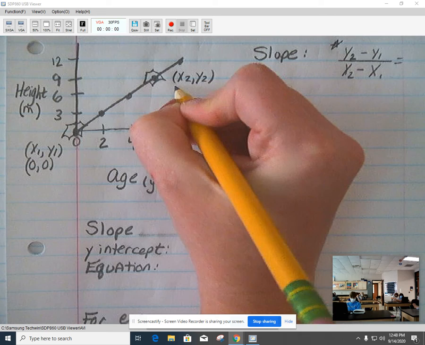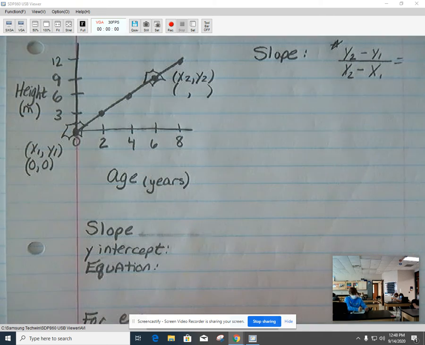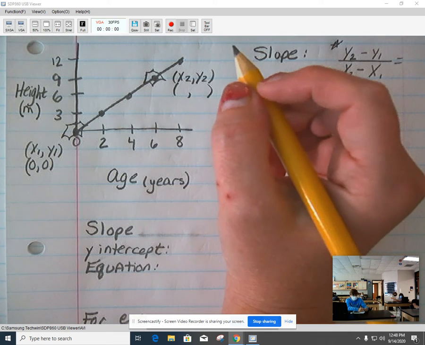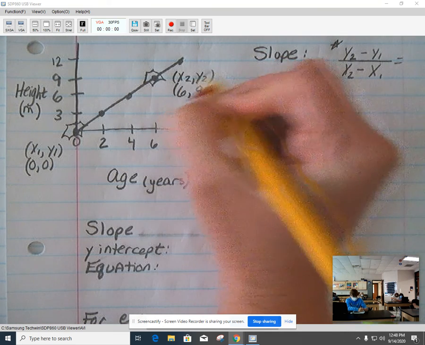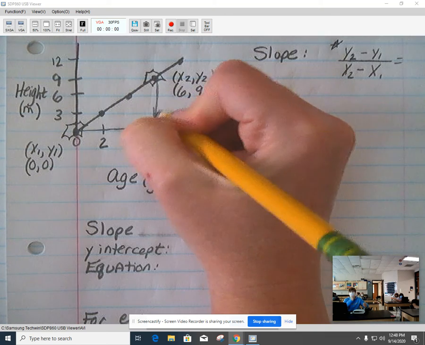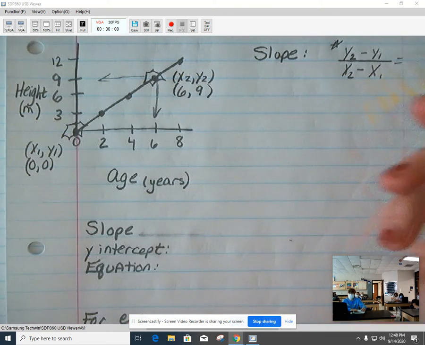So x2, y2. So what is my x and what is my y, Ben? X is 6 and the Y is 9. Yes. So this one is 6 and this one is 9.